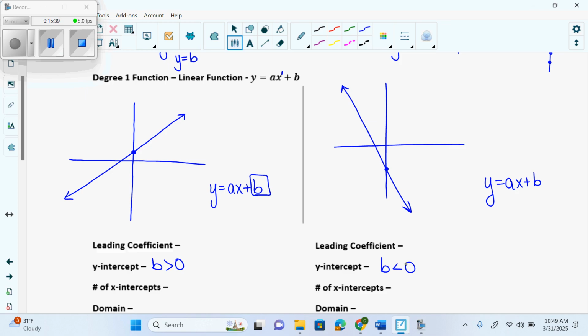Okay, let's talk about the other part of this. So the leading coefficient is the coefficient that leads the equation. That's why it's called leading coefficient. The leading coefficient is the number in front of the largest exponent.